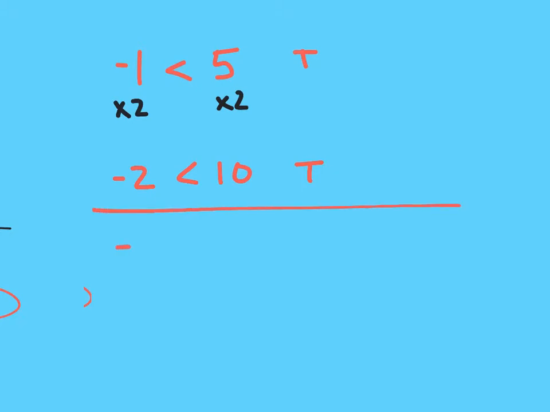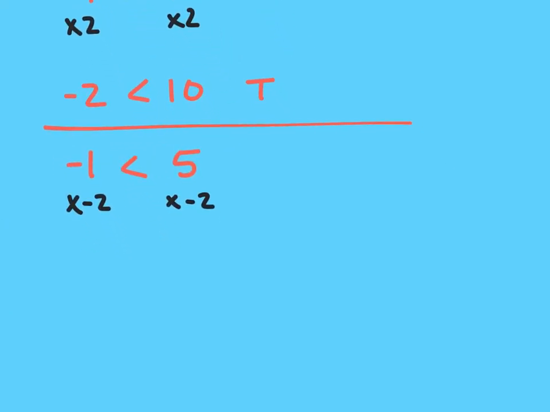Now, if I take that same inequality, negative 1 is less than 5, and I multiply both sides by a negative 2, then what we're going to get is positive 2 is less than negative 10. So we started off with a true statement, and now we have a false statement.